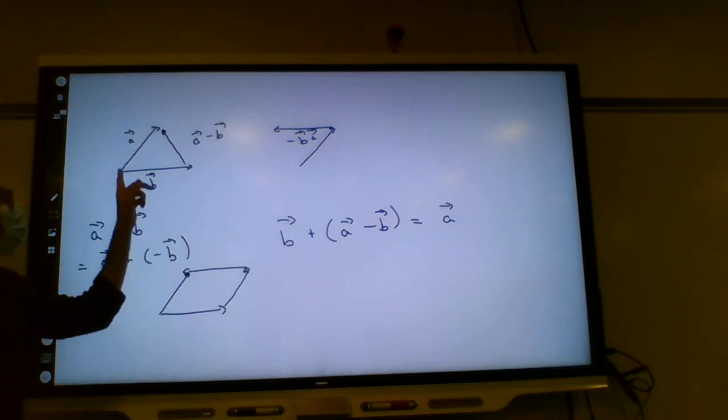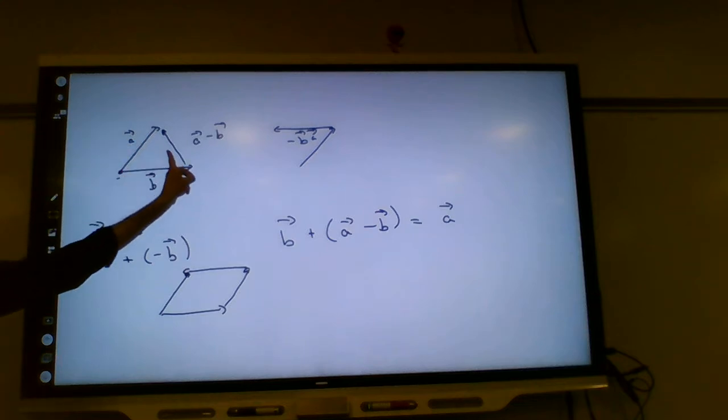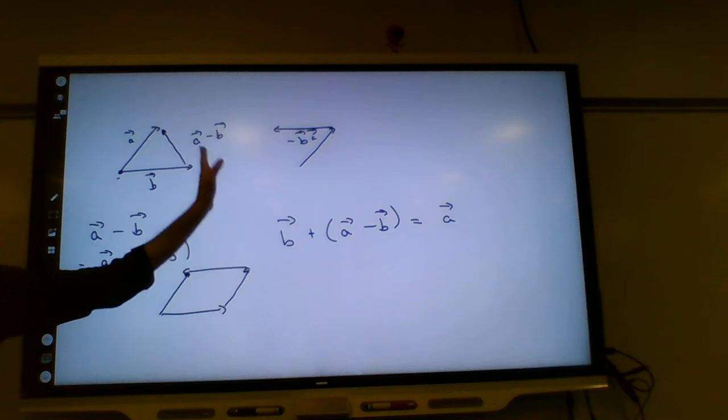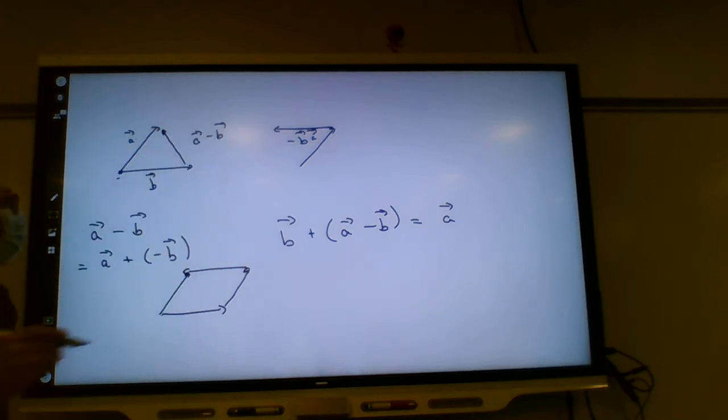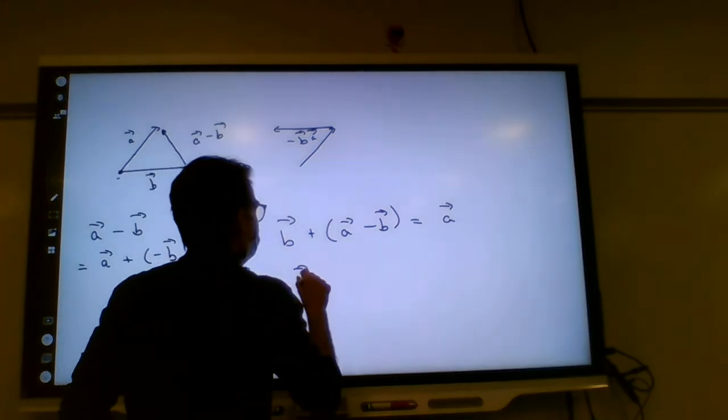All right? So A minus B is going to point toward A, on the head end of both of these vectors. What about B minus A?